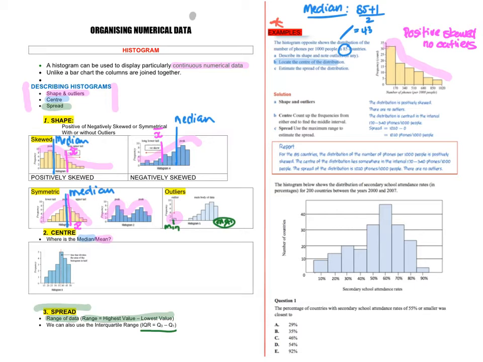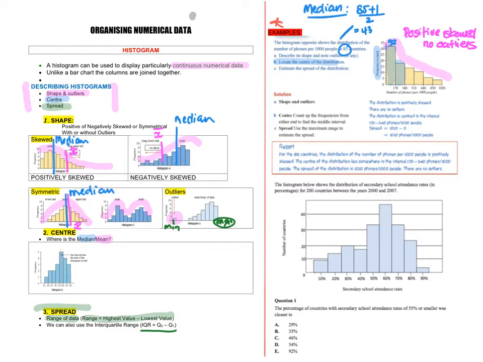Now, can you see along here, we have a frequency count. So I want to get up to the 43rd data. Can you see this column is sitting on roughly, I think, 32? So I've gone 32. Now, if I have a look at this next column, it's sitting on roughly 18.